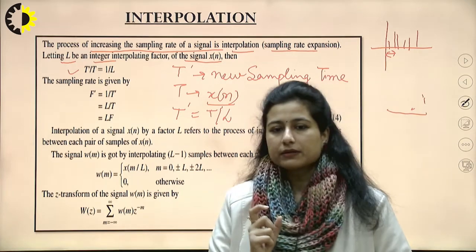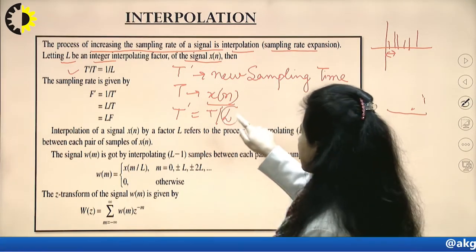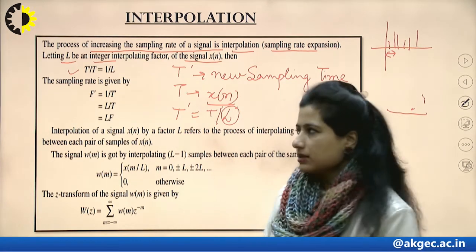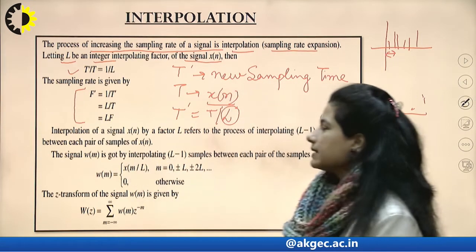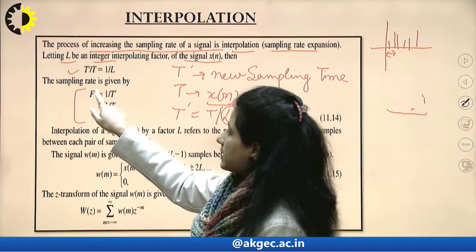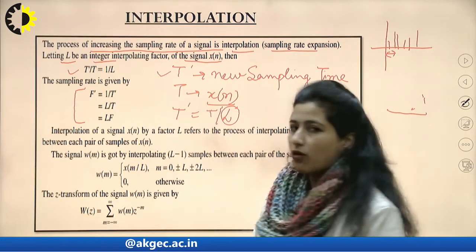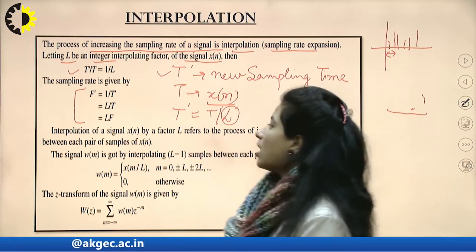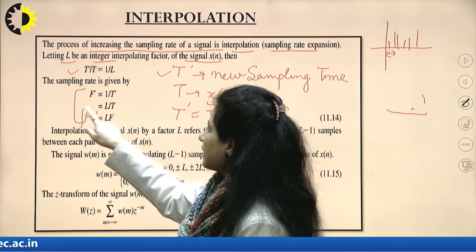So the time period between two samples is decreased, and that scaling factor is L, which can be any integer number. The same thing can be seen for the frequency: the new frequency f' is the reciprocal of the new time period obtained after interpolation, or I can say that the new frequency f' has been increased by the factor L.